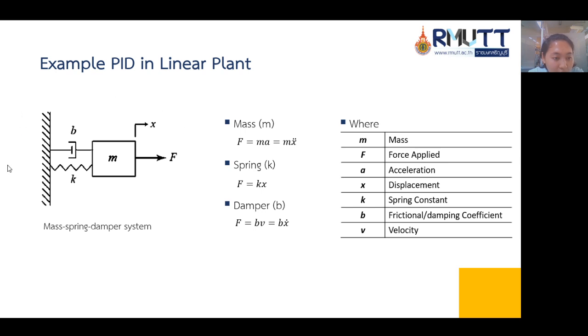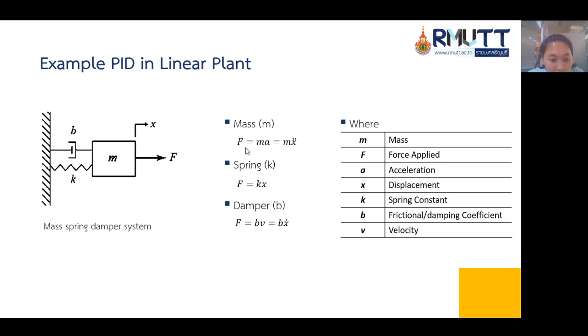From this system, we can see the equation for each element. For the mass, F is equal to m times a, where a is the acceleration, equal to m times x double dot.